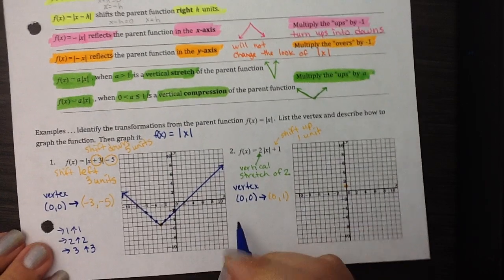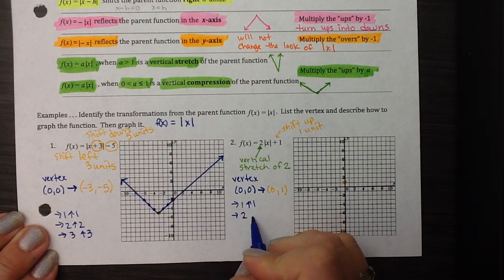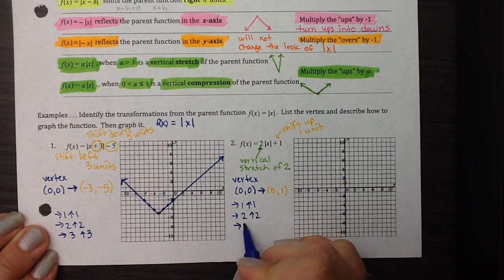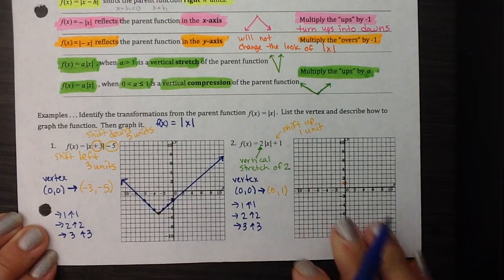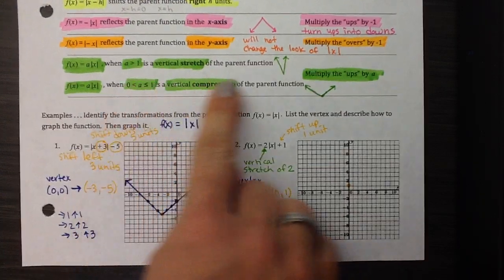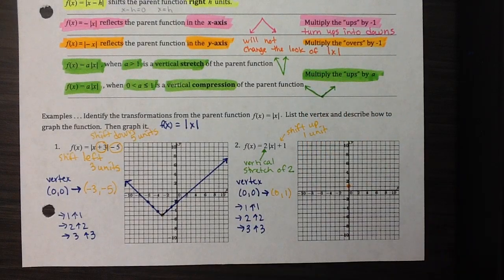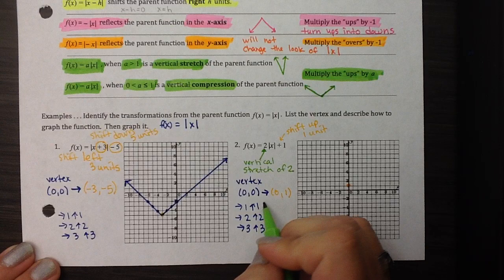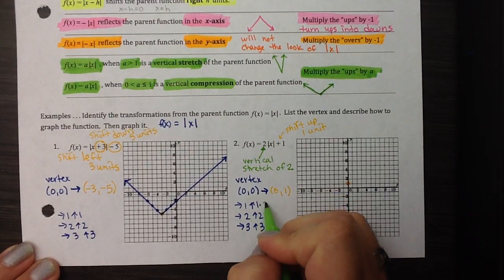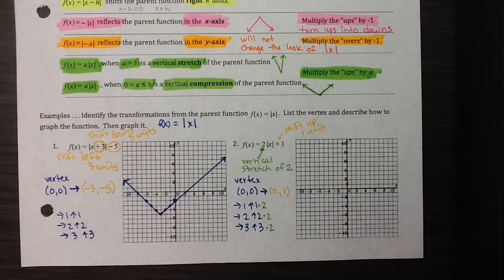And then from there, normally I would go over 1, up 1, back to the vertex, over 2, up 2, back to the vertex, over 3, up 3. But since I have a stretch, what I need to do there is multiply all my ups by that number. So I'm going to multiply my ups by 2. So times 2, times 2, times 2.